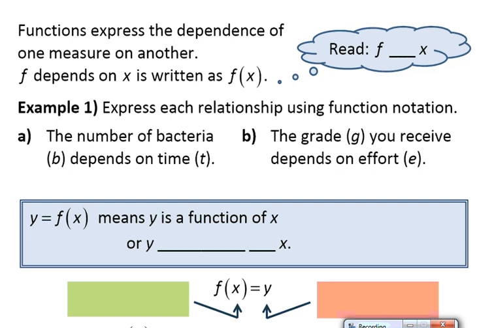So it depends what we put in, the result that we get. So f depends on x is written this way: f of x. We read it not f depends on x, but f of x. So notice that this is not multiplication.